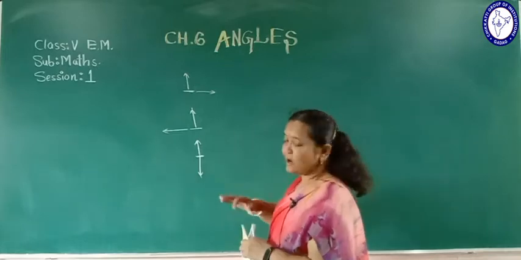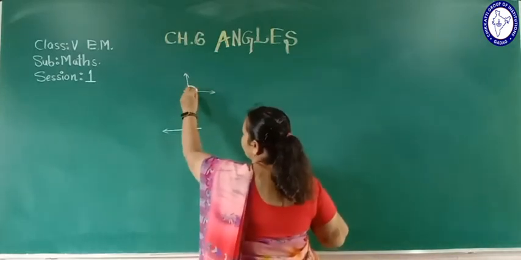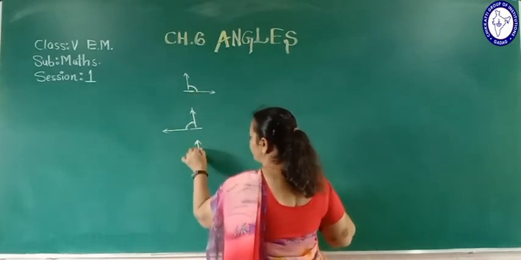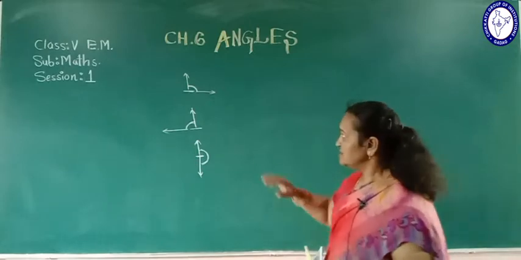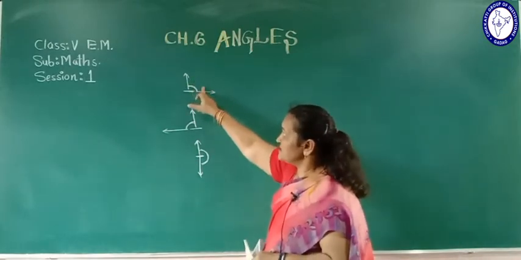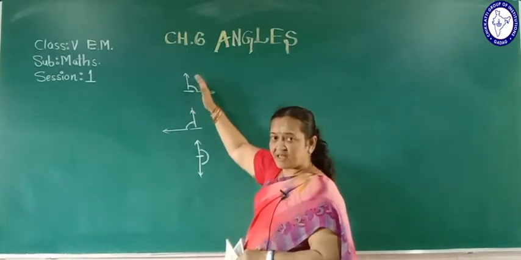Then how much you have turned, this part or this part or this full part, these are the angles. So here the space between the two directions is an angle.